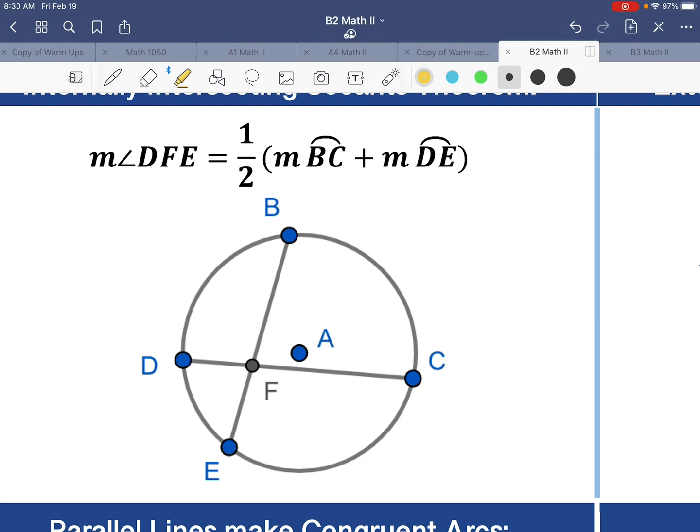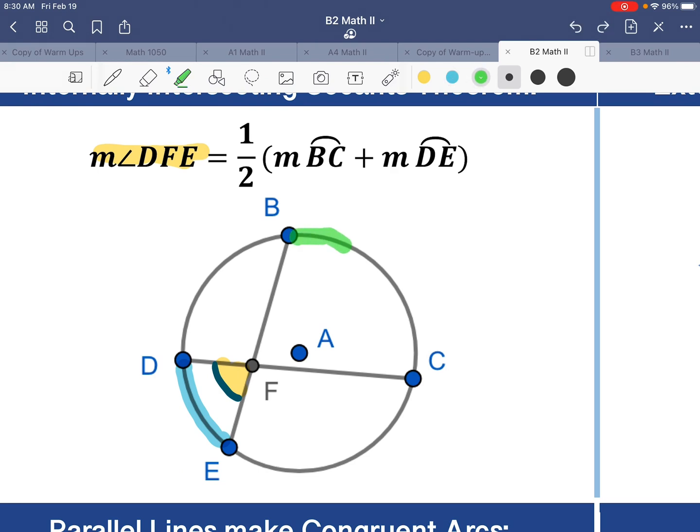So the relationship is that the measure of angle DFE, which is this angle right here, is half of the sum of the measure of arc BC plus the measure of arc DE. So BC and DE are these two arc measures.